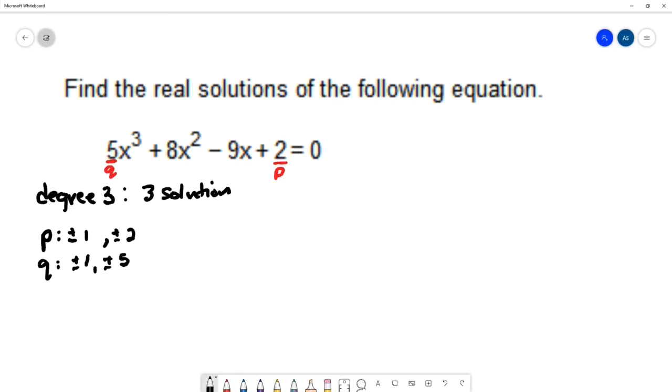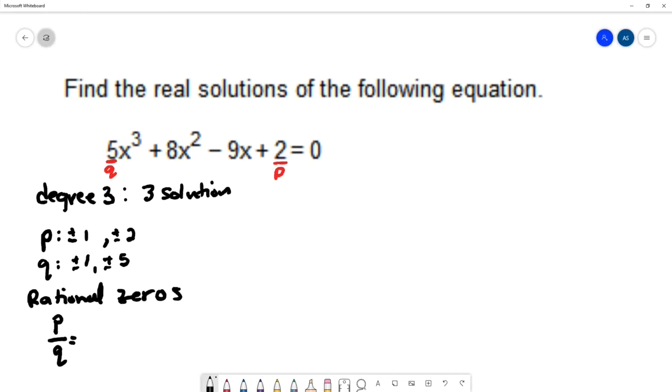And using the rational root test, our rational zeros must be of the form p over q. So I can take all the combinations of p over q to form these possible rational zeros.